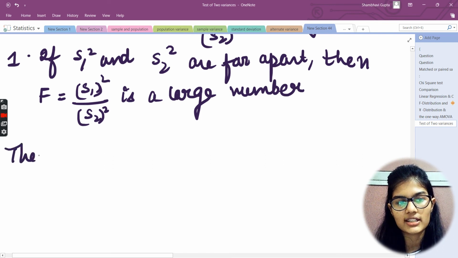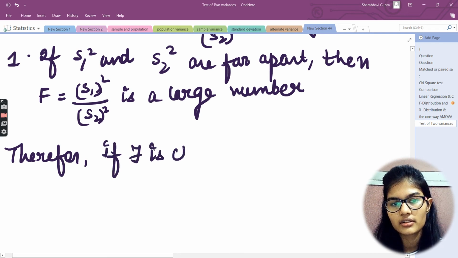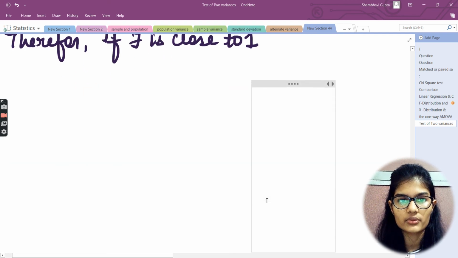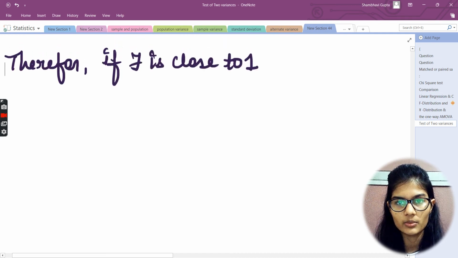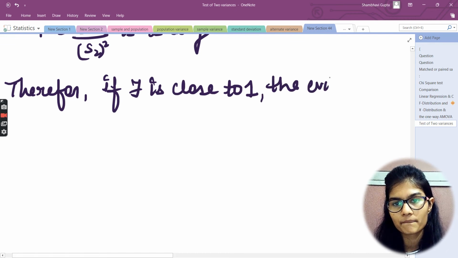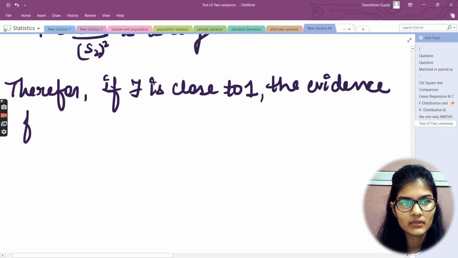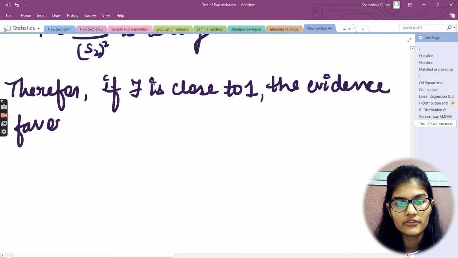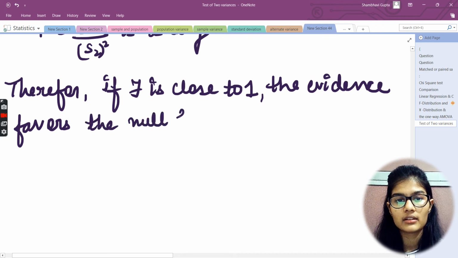Therefore, if F is close to 1, the evidence favors the null hypothesis.